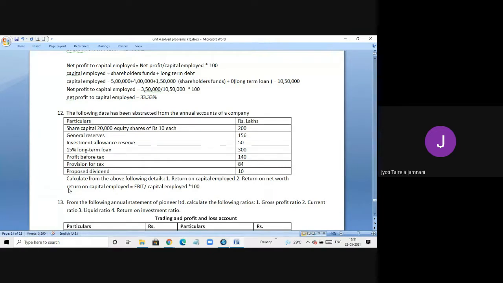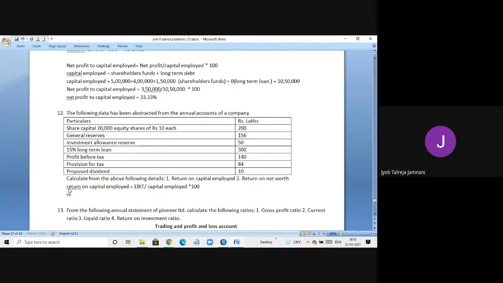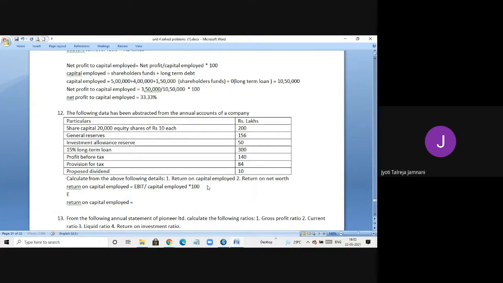Okay, so let's see what all is given in the question. Return on capital employed equals, we want EBIT, here we have profit before tax. So we have EBT, but we want EBIT. So first is to find the EBIT. Maybe I'll just find EBIT for you first. EBIT is equal to profit before tax plus interest.